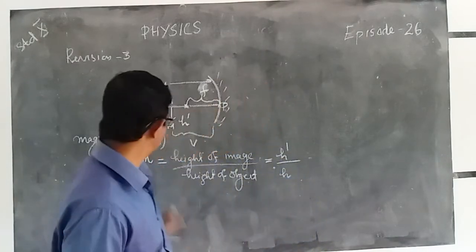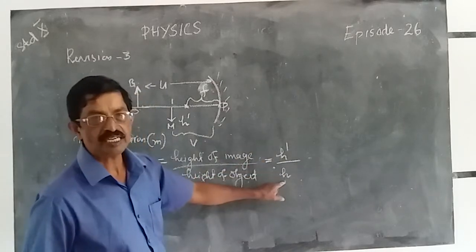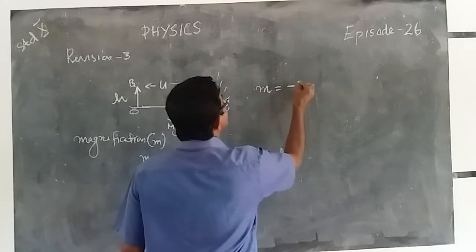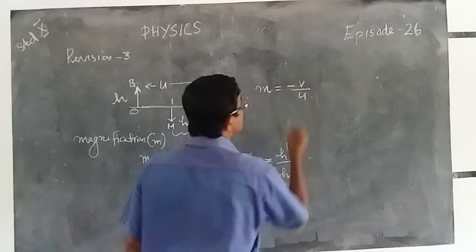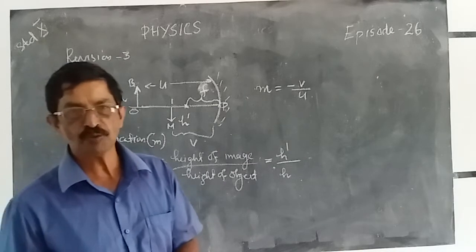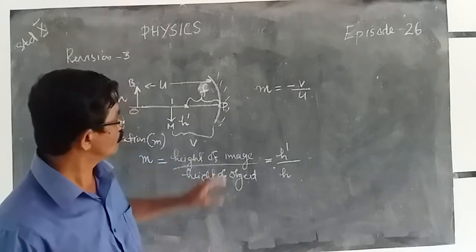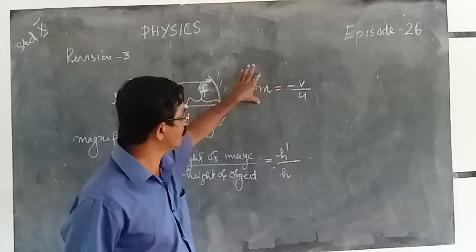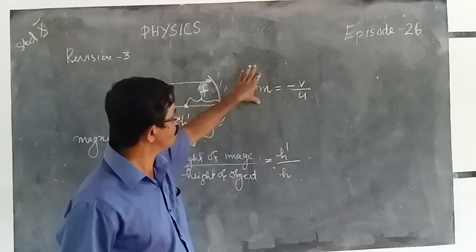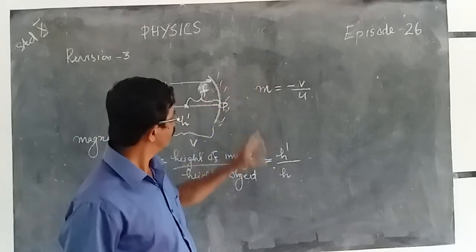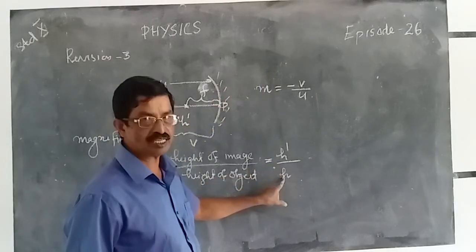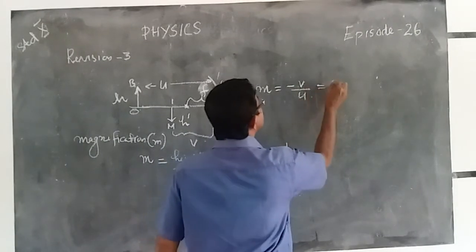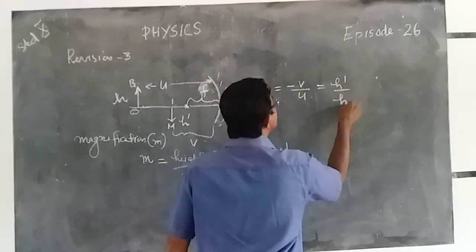So M is equal to h dash by h. It is also equal to M is equal to minus v by u. So M equal to minus v by u is also connecting magnification, and it is equal to h dash by h.